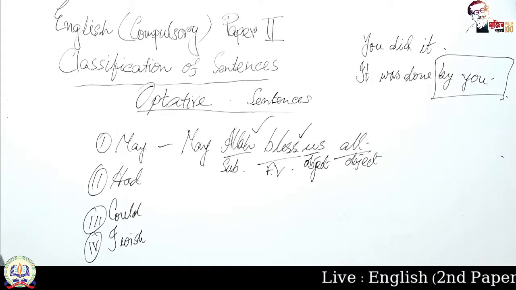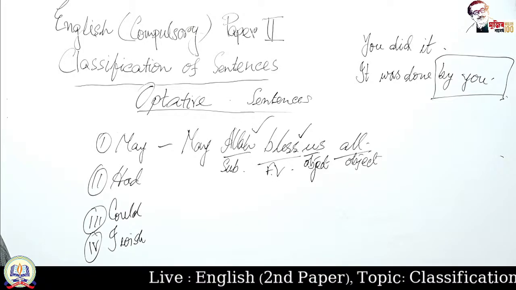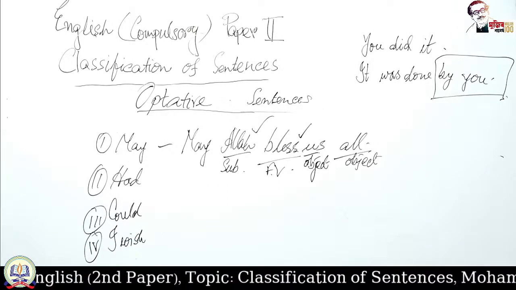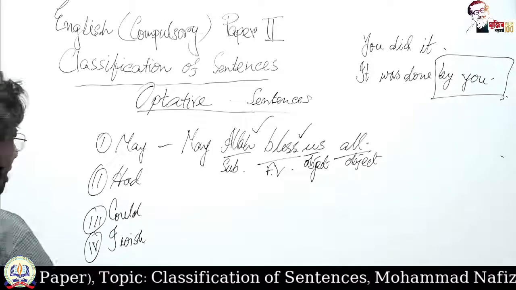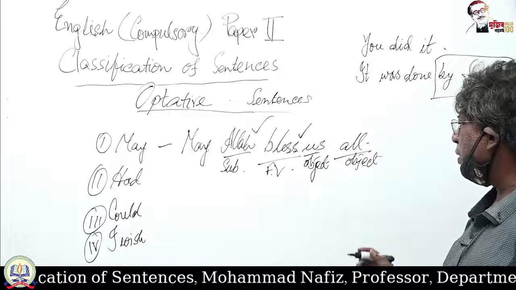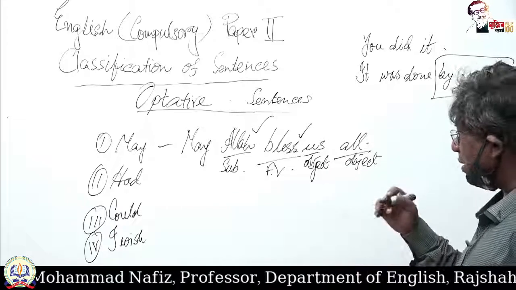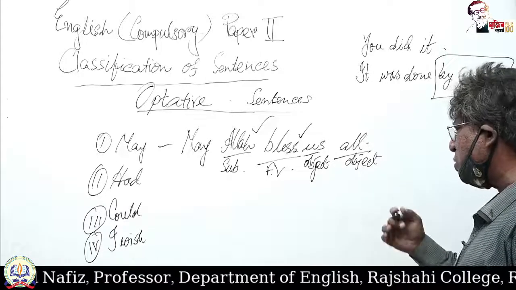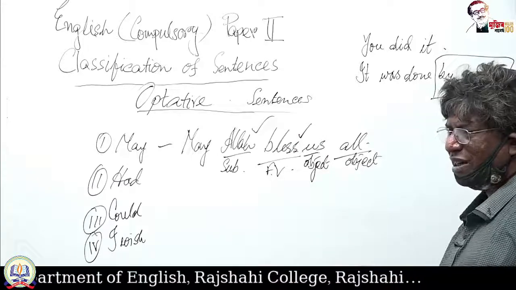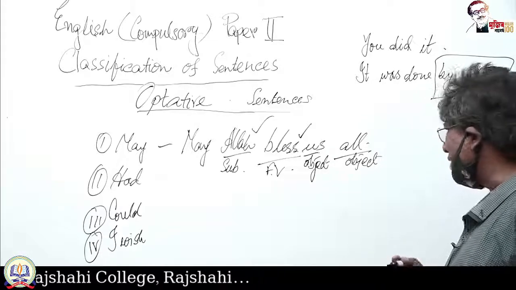In the usual usage, we use an additional s with the finite verb when the verb is presented in the present indefinite form with a subject in the third person.